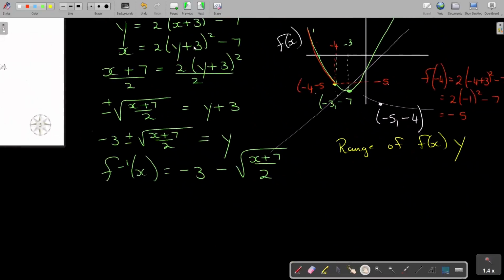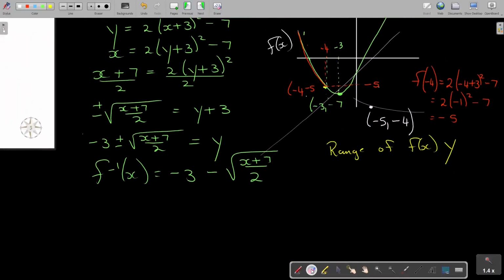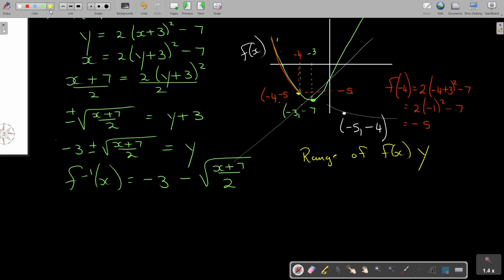So y is bigger and equal to negative 5. So therefore, the domain of f minus 1 x will be equal to this range. So x is bigger and equal to negative 5. So I'm just taking the original range and making it the domain of the inverse, as I showed you in the previous example.